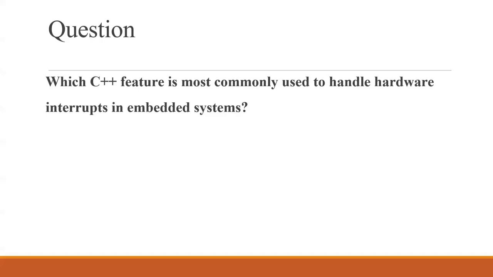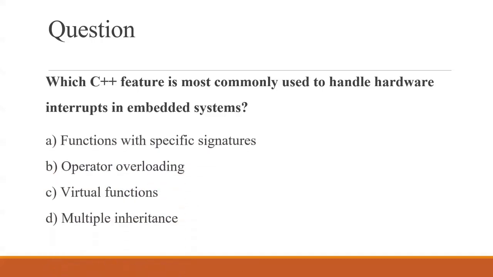Which C++ feature is most commonly used to handle hardware interrupts in embedded systems? A, functions with specific signatures, B, operator overloading, C, virtual functions, and D, multiple inheritance.